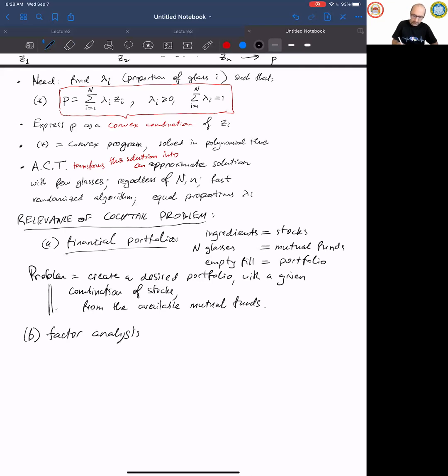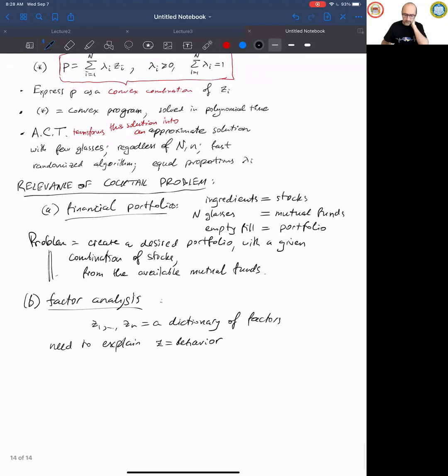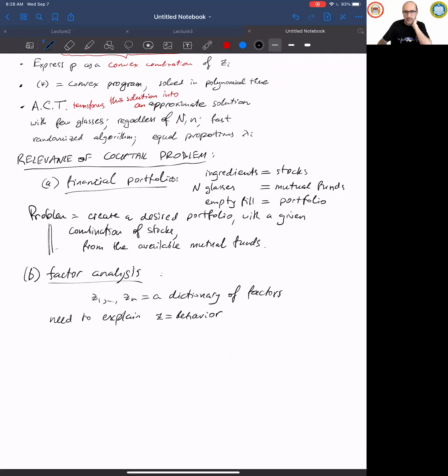Relevance 2 is more speculative: factor analysis generally. This is more open-ended, but you can think of existing vectors z1 through zn as a dictionary of different factors, and you would like them to explain consumer behavior, animal behavior, etc. This is relevant in economics, in the theory of consumer preferences.